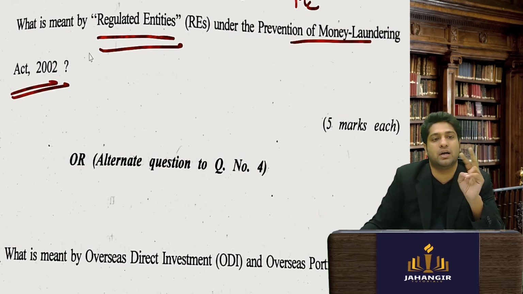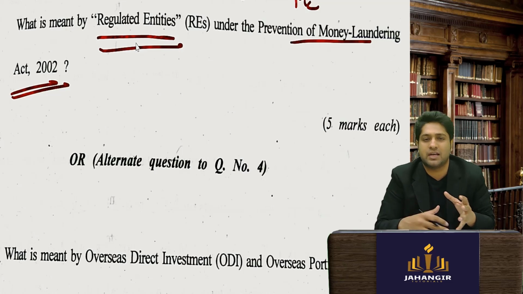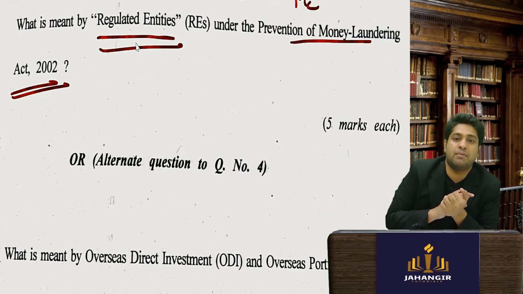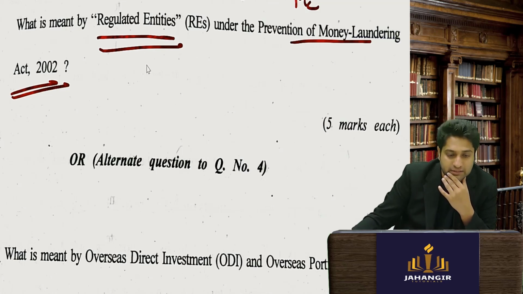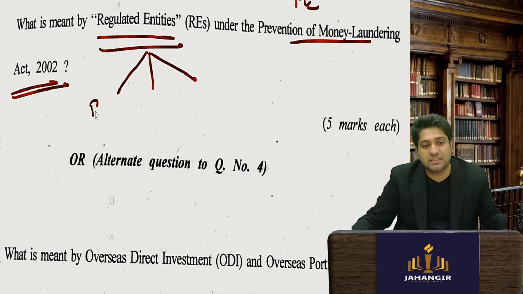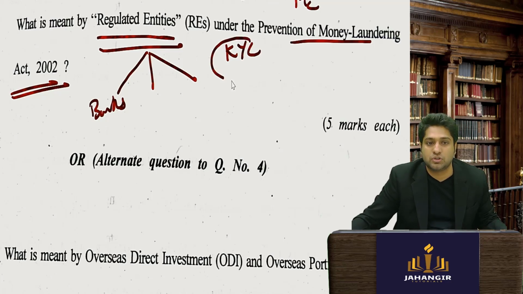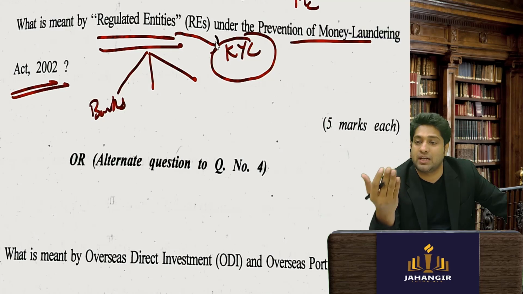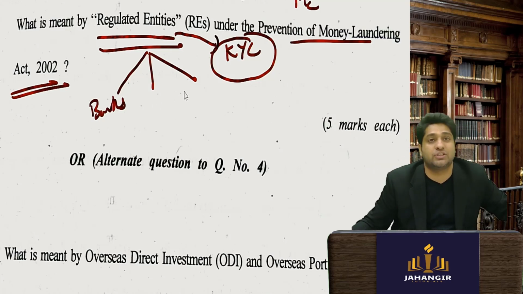Now see, again, regulated means they are regulated very strictly by the PMLA, the Prevention of Money Laundering Act. If you go to see your sections 13, 14, 15, they talk about banks and financial institutions, which have to maintain certain KYC. So they would come under regulated entities where they have to follow customer verification, client opening information, closing, and suspicious transaction reporting.